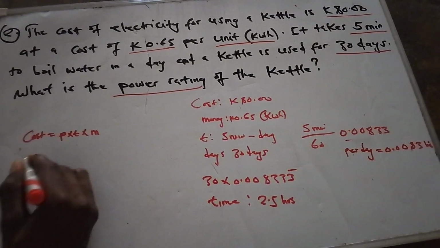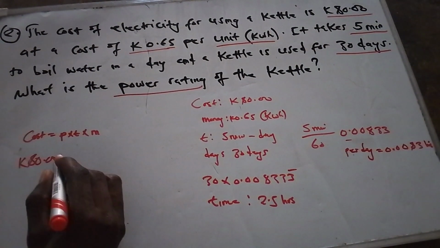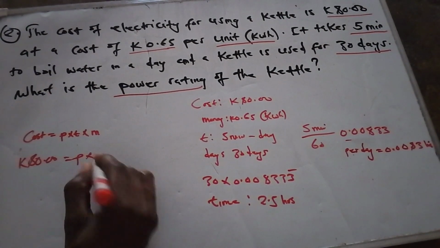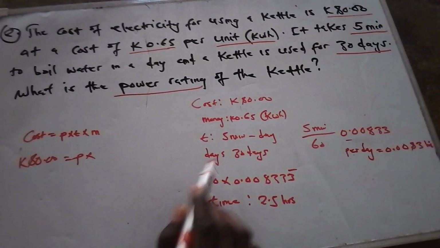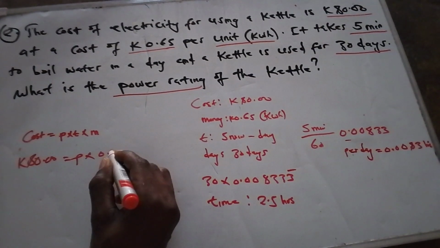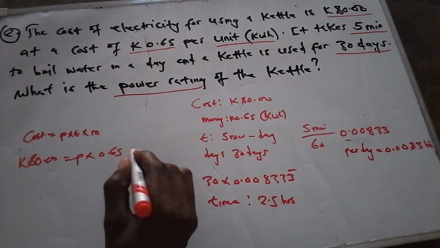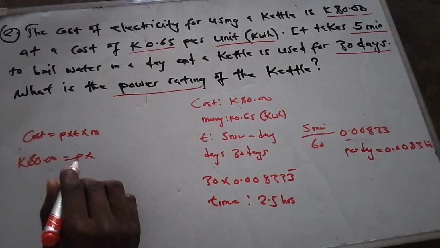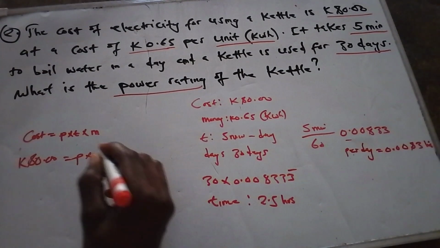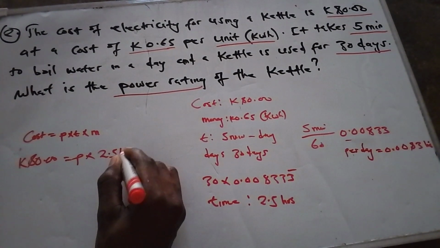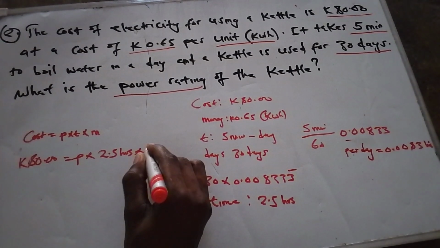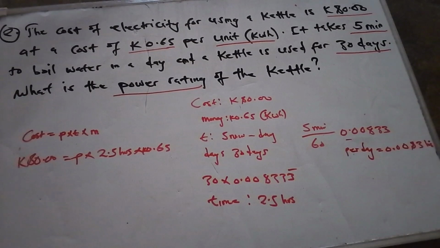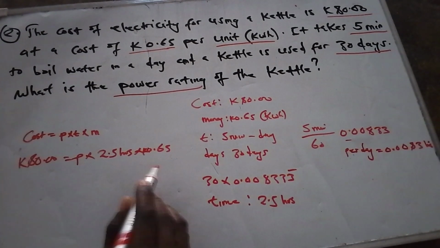We have 80 kwacha, which is equivalent to power, which is the one we're looking for, times our new time of 2.5 hours, then times money, which is 0.65. That is what we have. So we need now to calculate the value of P as our power.